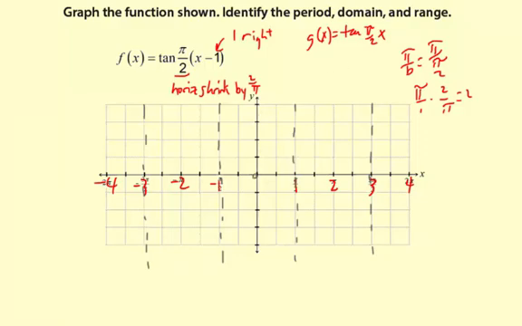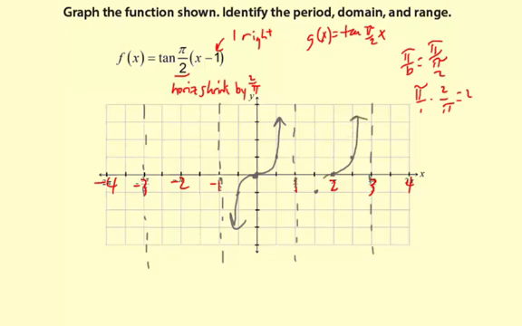That means we would have a 0 here. And then the key points, since there's no vertical stretch or shrink, would just be like this. The x-intercept will be here at 2, and that's because the 2 is halfway between the asymptotes, 1 and 3.